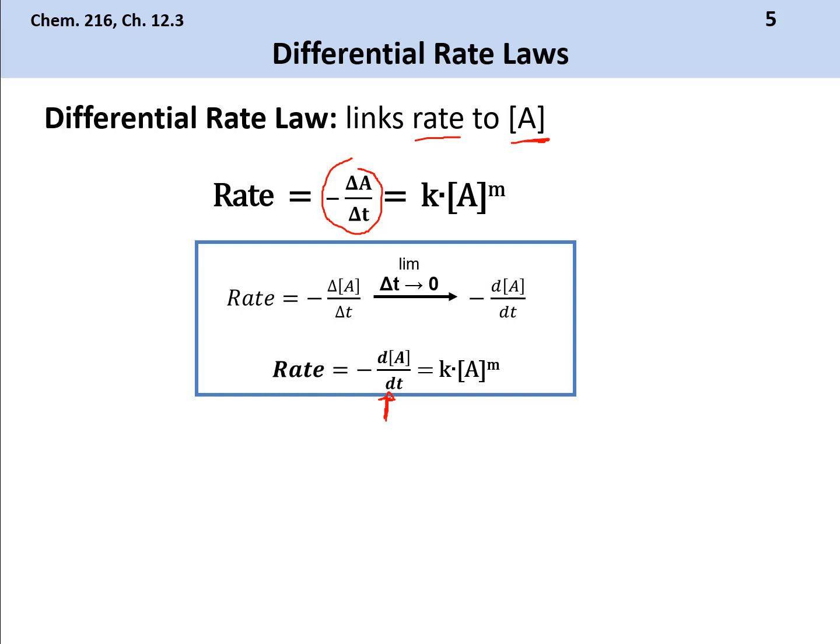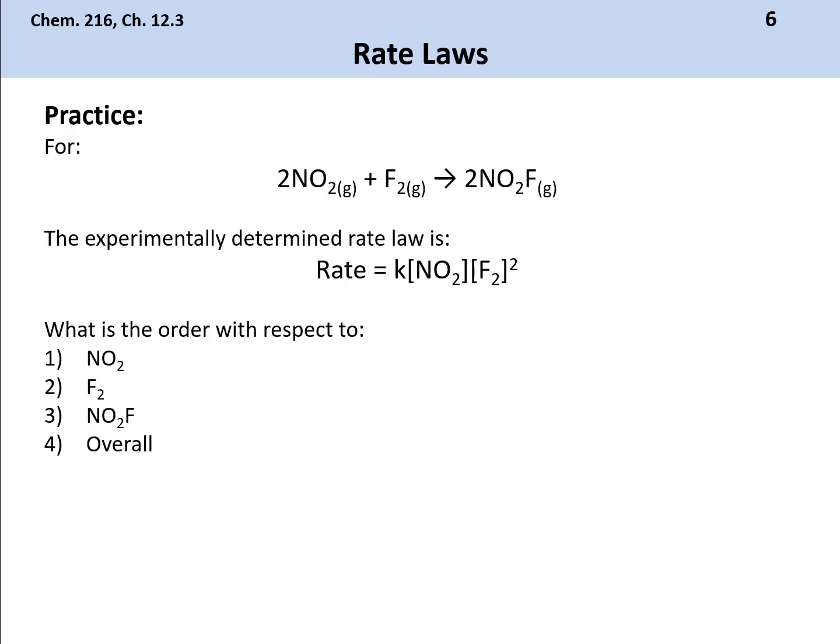All right, so let's do some practice. Let's say we have this reaction: 2NO2 + F2 going to 2NO2F. And we're told that it has this rate law: rate equals k times the NO2 concentration times F2 concentration squared. Notice that those orders, here's 1 and here 2, are not the same as the coefficients.